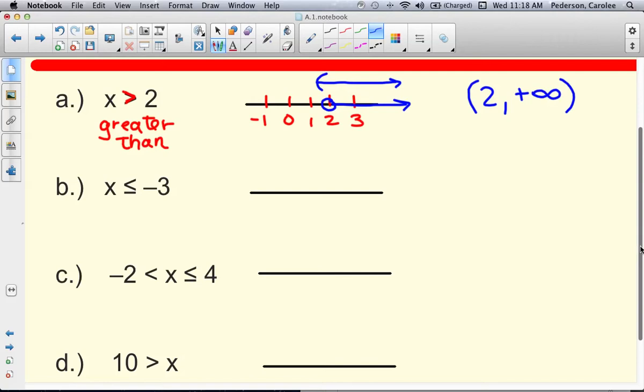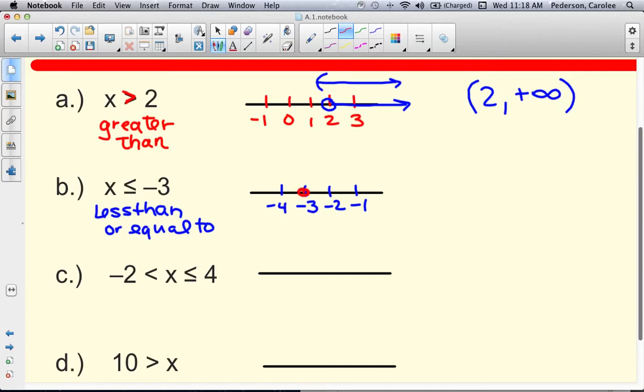Next example to graph is x is less than or equal to. The way we graph this is on the number line. We'll start at -4, -3, -2, -1. Just picking a few numbers here. And now it is including -3.